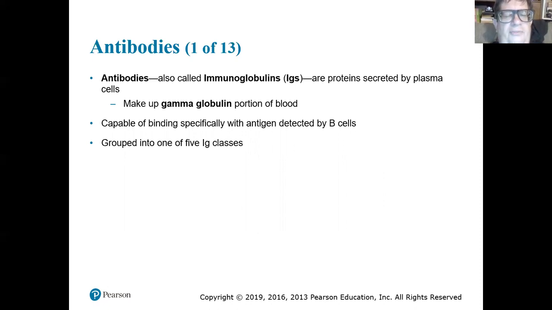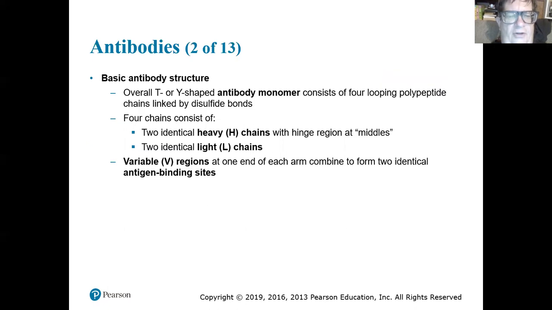Anyway, the antibodies bind specifically with an antigen that was detected by the B cells, and we group them into 5 different types of immunoglobulins. The basic structure of an immunoglobulin, of an antibody, they're T or Y shaped: 4 looping peptide chains hooked together by disulfide bridges.